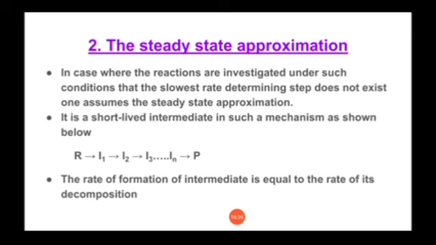But whenever the slowest step is not possible to find, then we have to use the steady state approximation, where the rate of formation of intermediate is equal to the rate of decomposition.